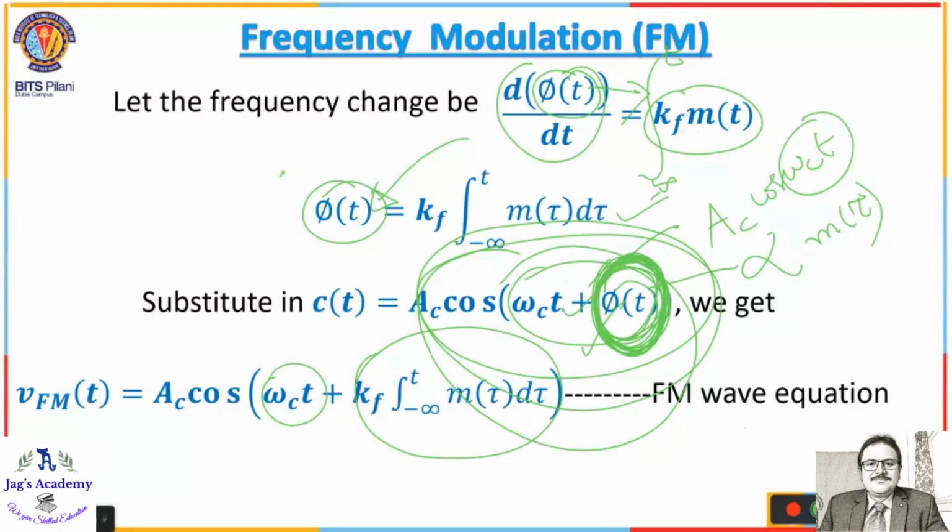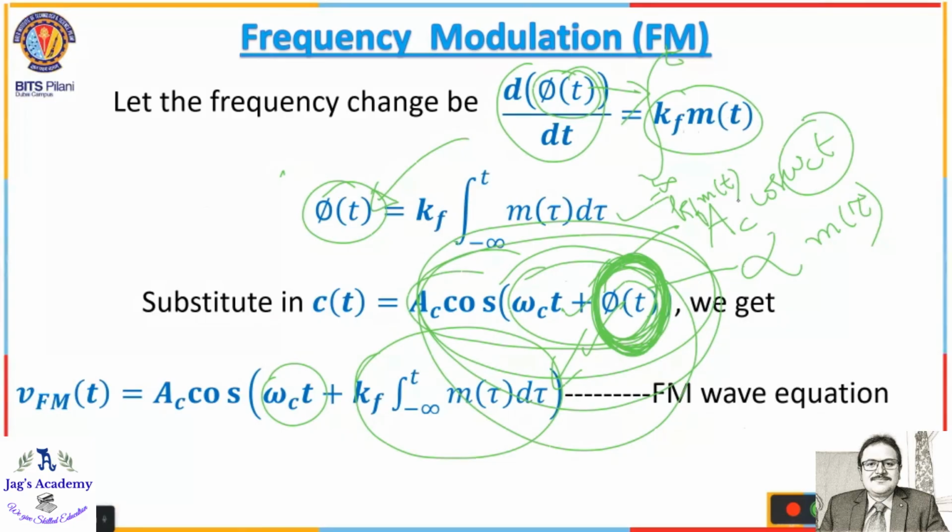And when you write that only in terms of phase, we call that equation a phase modulated wave. We can write this equation either like this, or else you can directly write phi of t is equal to kp into m of t.